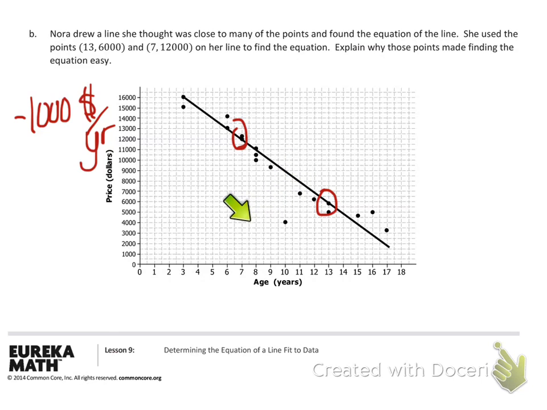Right here, let's follow the line across. Maybe 4,000. And our prediction would be up here at, let's see, minus 10 would be at about 9,000. So that's a pretty big discrepancy there.